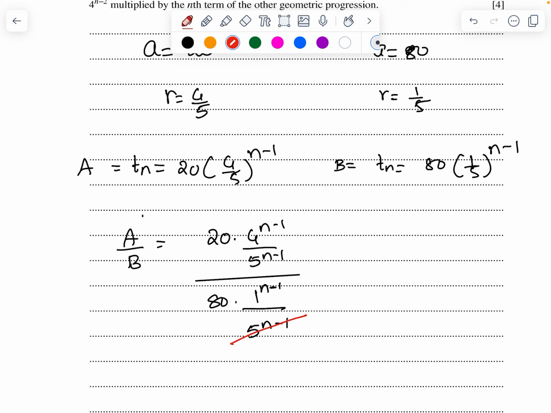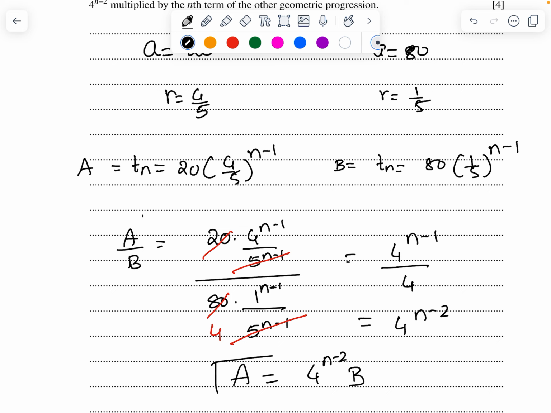The 5 power n minus 1 gets cancelled. 20 times 1, 20 times 4. So what am I left with? 4 power n minus 1 by 4, which is 4 power n minus 2. So A equals 4 power n minus 2 times B. That is what we were asked to prove.